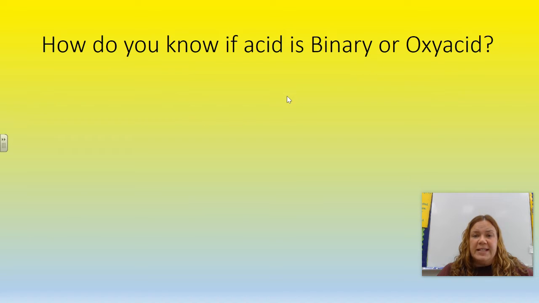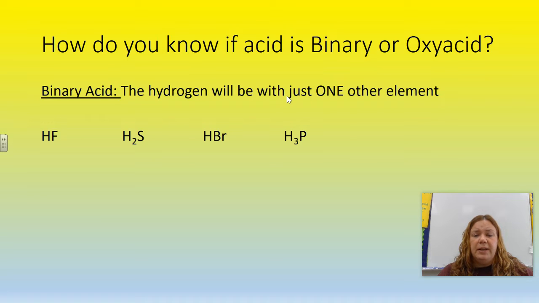How do we know if the acid is binary or oxyacid? A binary acid, the hydrogen is just with one other element. Remember, bi means two, so therefore you have two total elements in your compound. So we have hydrogen with fluorine, hydrogen with sulfur, hydrogen with bromine, and hydrogen with phosphorus.